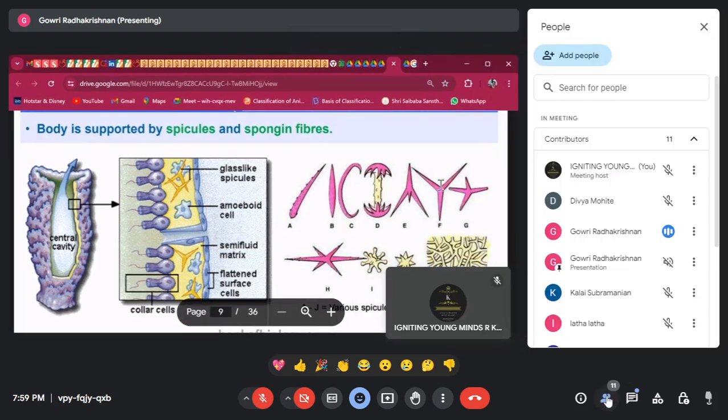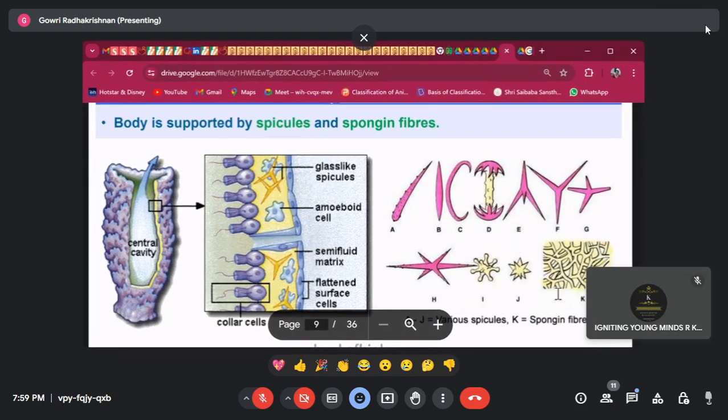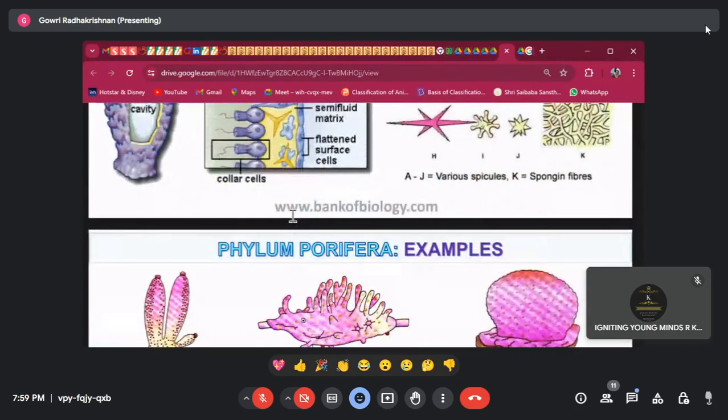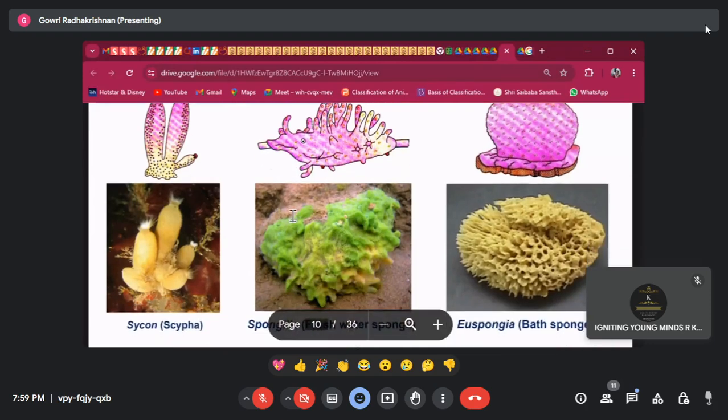These rose colored things in different shapes are all called various spicules, and this one is a spongin fiber. It stays in between and gives form and strength. So these are all some examples of Porifera.